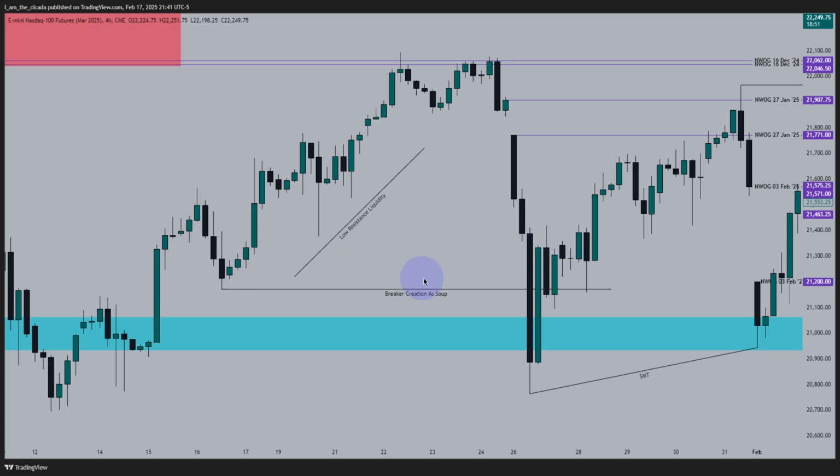You would want to see price inverse it, and continue to use this gap here as an inversion as support, bringing us lower towards these relatively equal lows here and this short-term low here, which ultimately we do get to. But as you can see, we have a big rejection off of it, and we start to reclaim this gap here and use it as resistance to go up and fill this new opening gap.